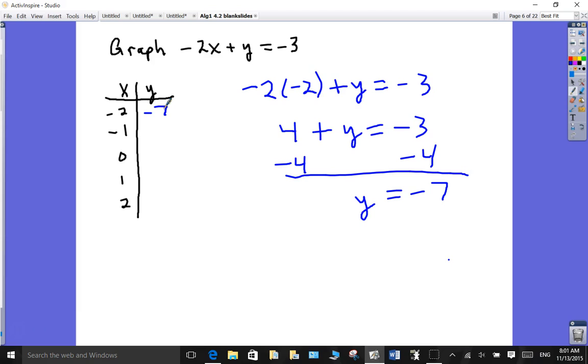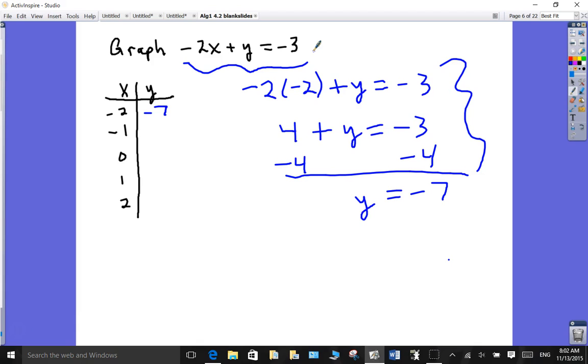Now, here's really what you would do. You could do that, but to make things easier, it's better to solve that equation for y before you start, because then you won't have to do all that solving every time you're finding the y values. Solve the equation for y. That's why in that section where we were solving literal equations, equations with more than one variable, we had to do this kind of thing.